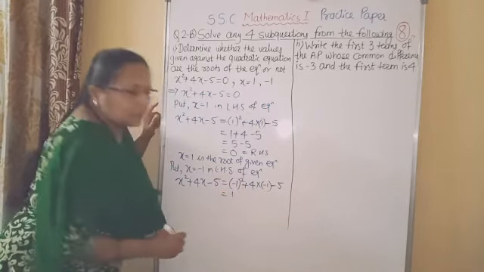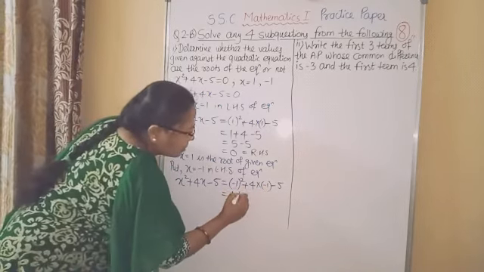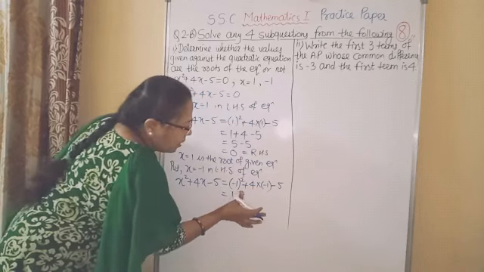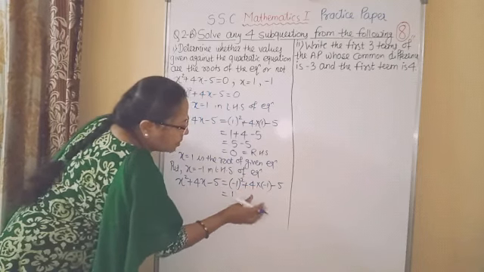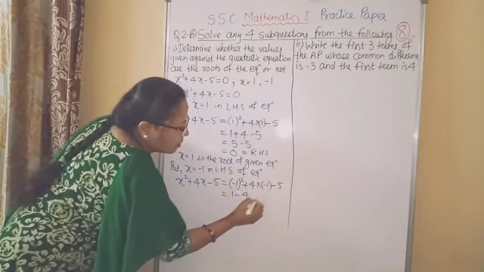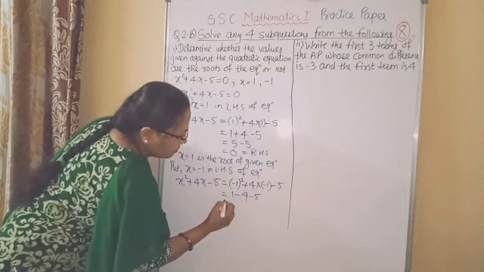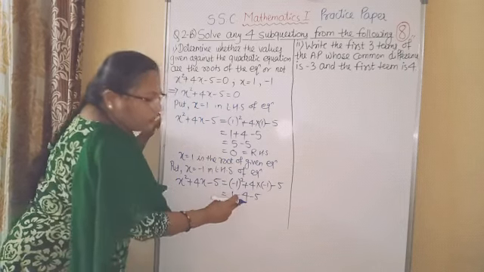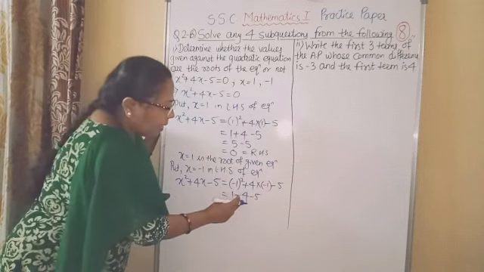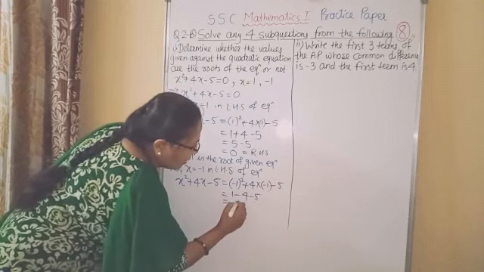Minus 1 square is 1, plus 4 into minus 1 is minus 4, minus 5. So 1 minus 4 is minus 3, minus 3 minus 5 is minus 8.